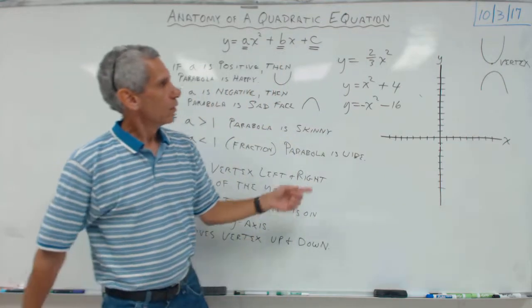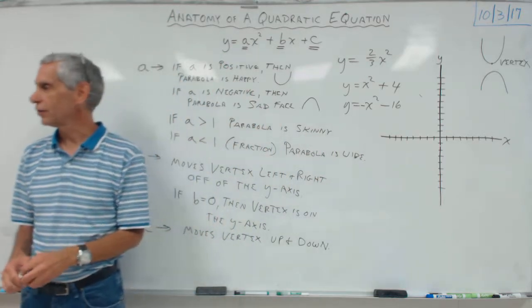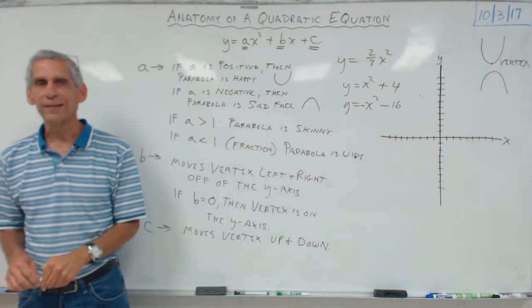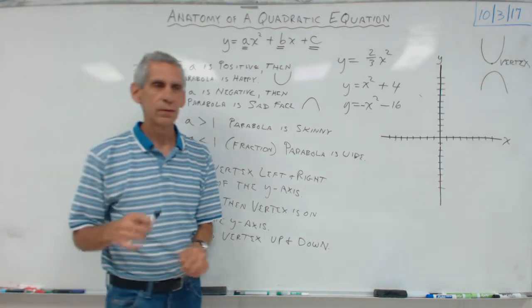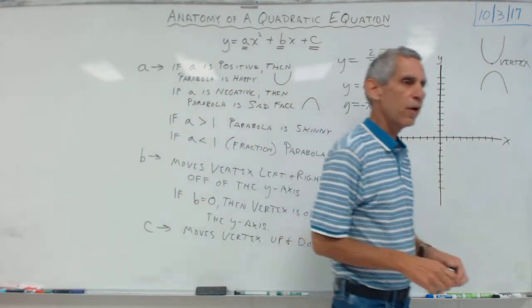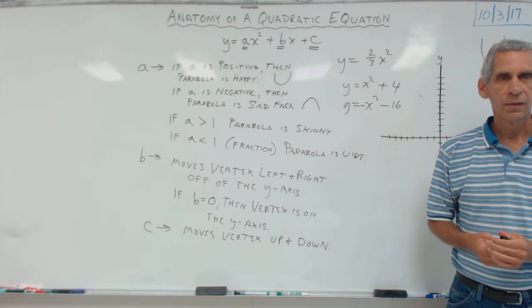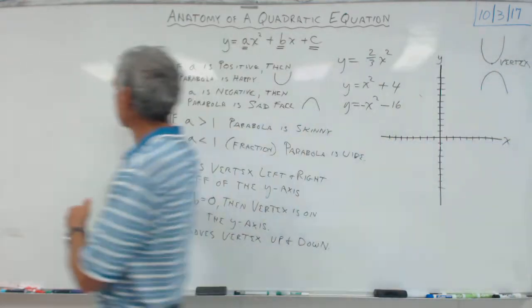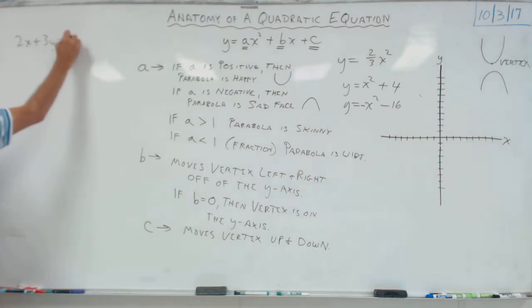What if x were 0? What does that tell you? You guys remember this? How do you find an x-intercept and a y-intercept? Remember when we did 2x plus 3y is equal to 12?